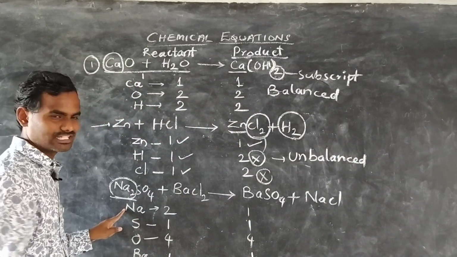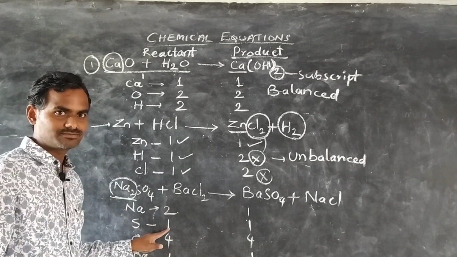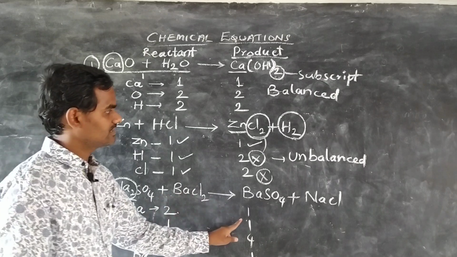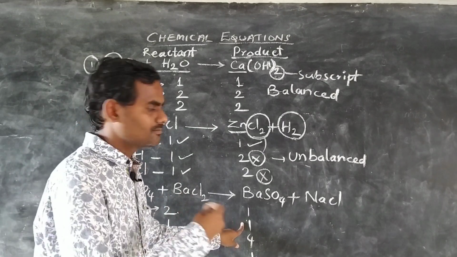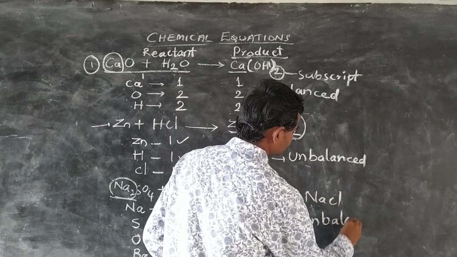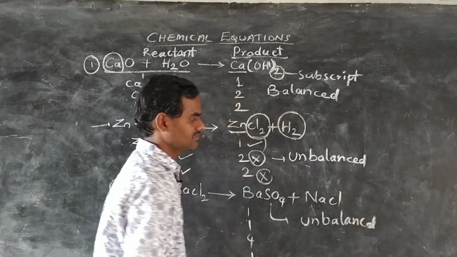Here this is also the same. The number of atoms on the left hand side or reactant side are not equal to the number of atoms on the product side. So it is also an unbalanced equation.